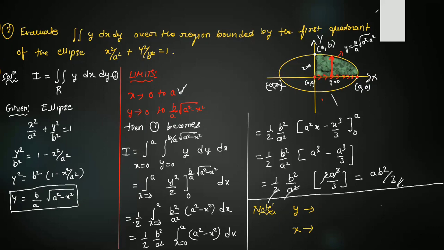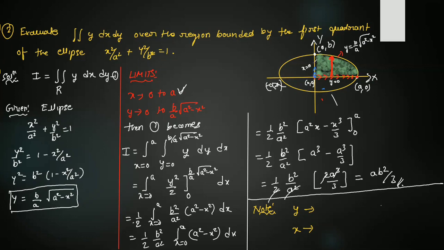Correct. And then x from 0 to a by b under root b square minus y square. Correct.